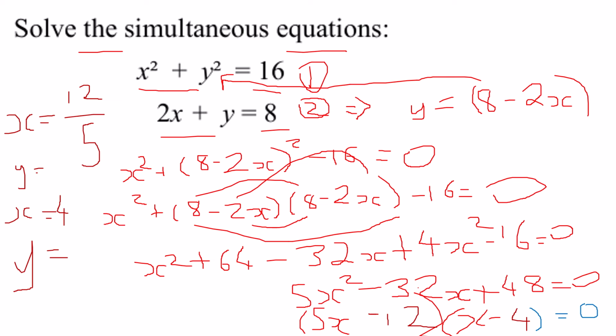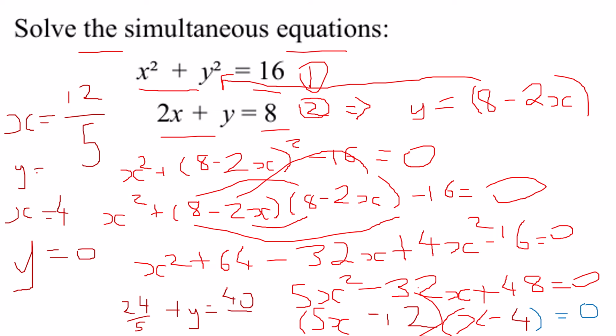When x equals 4, 2 times 4 is 8, so y has to be 0. Next one, 12/5 times 2 is 24/5, plus y is equal to 8. Now, 8 can be rewritten as 40/5, because 40 divided by 5 makes 8.